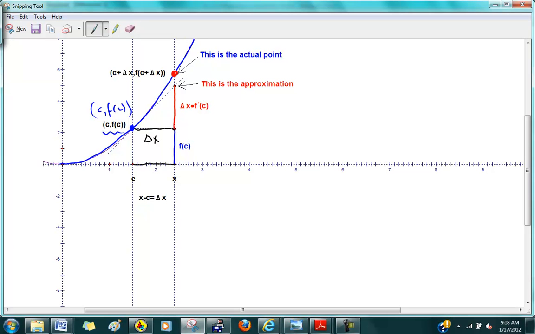You move it by changing the x value from c and adding delta x to it. So your x value changes from there to here, and that point on the graph ends up here. Well, this is the actual y value that you want of that point. What we're going to do is develop a method of giving you the y value for this point.